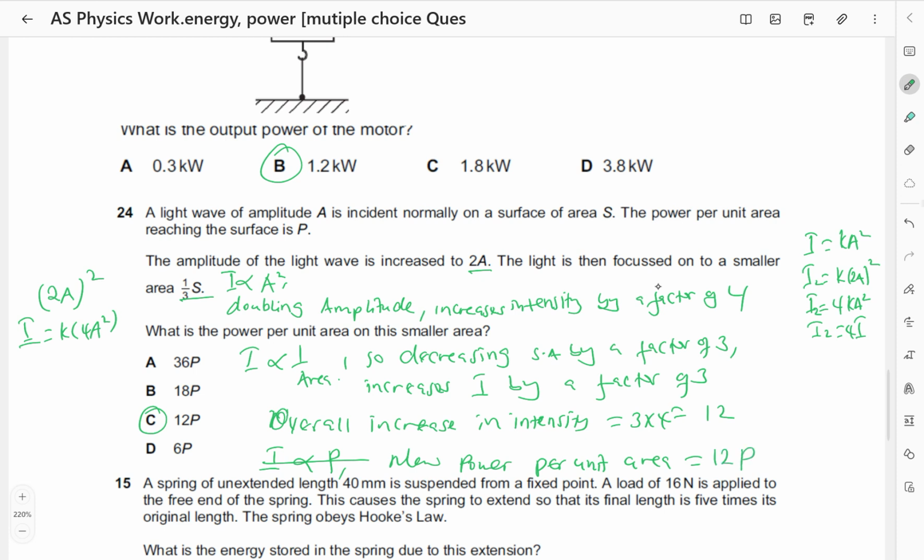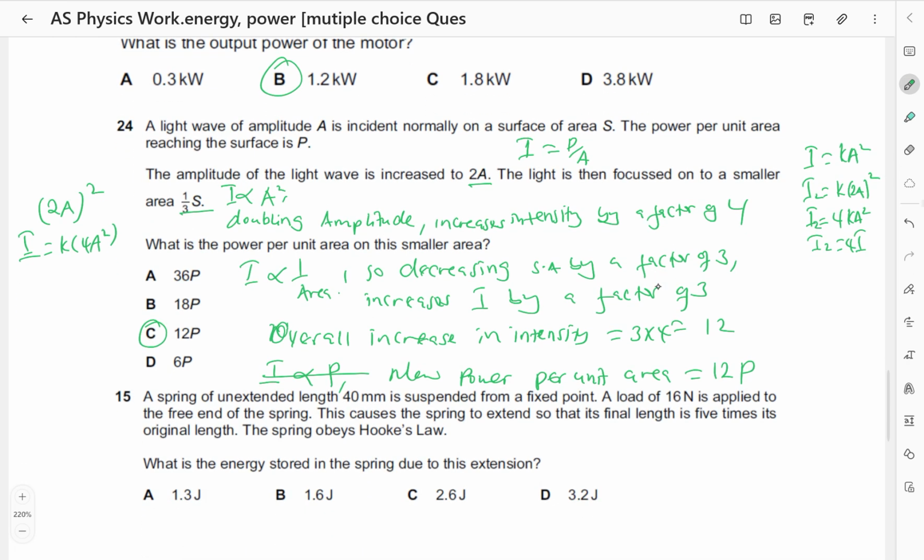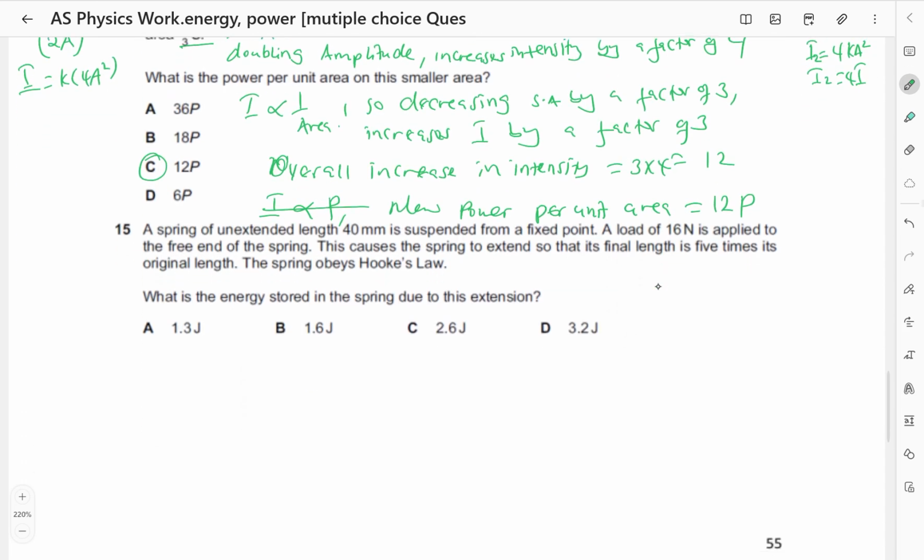If you didn't know, intensity is equal to power per unit area. So our answer is going to be 12 times the original power per unit area, which is C.